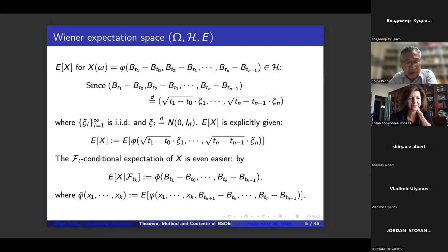The conditional expectation of X given F_tk is even easier.